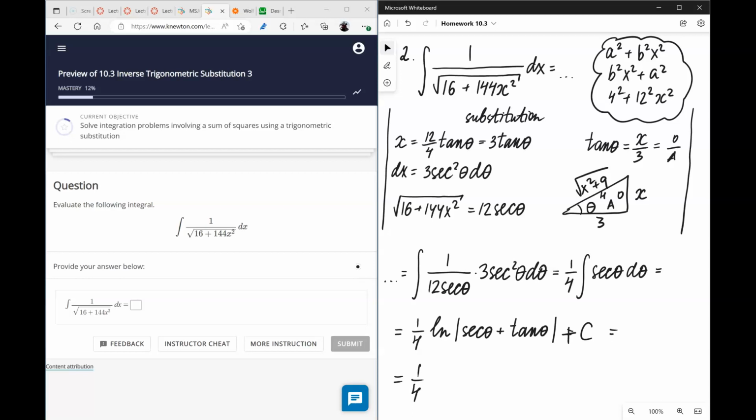But we need to go back to the original variable, so instead of secant theta, we use the reference triangle: for secant theta we write hypotenuse over adjacent, and for tangent theta we write x over 3. And that's the final answer.